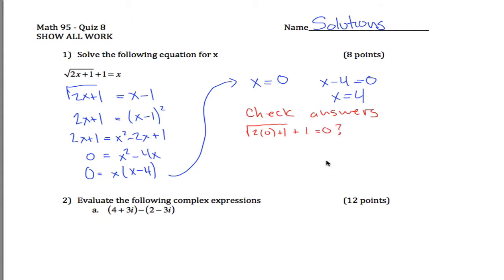You might already be able to see that this is false because the square root is not going to be a negative number. If I add 1 to that, I'm going to be some positive number. I'm not going to be 0. But we can go through the steps. 2 times 0 is 0, plus 1 is 1. So square root of 1 plus 1 equals 0, question mark? No. 1 plus 1 does not equal 0. So this is not a solution.